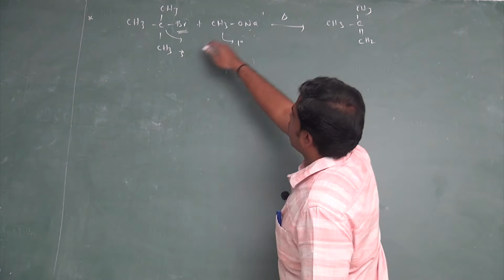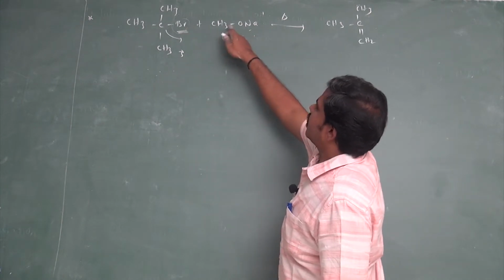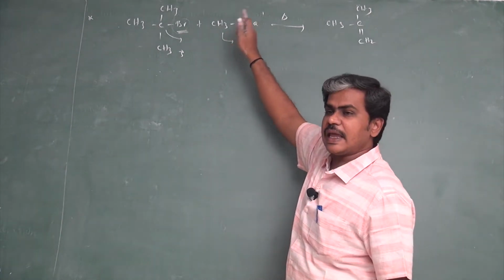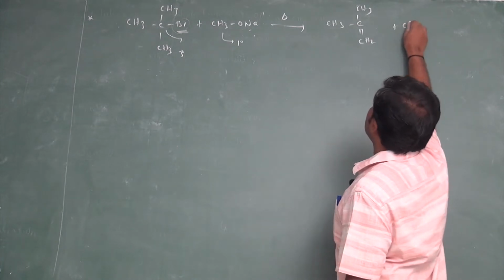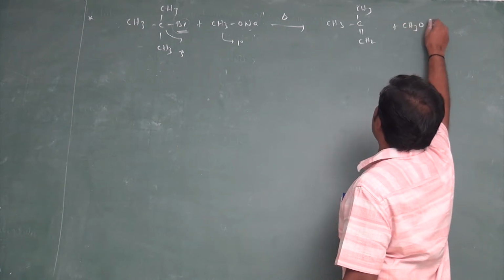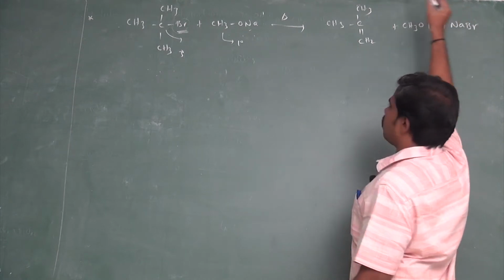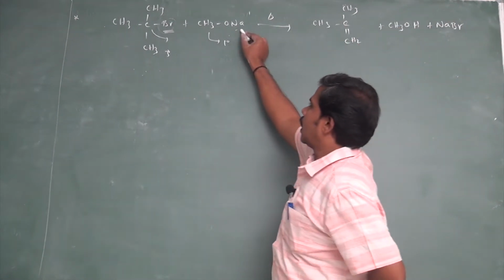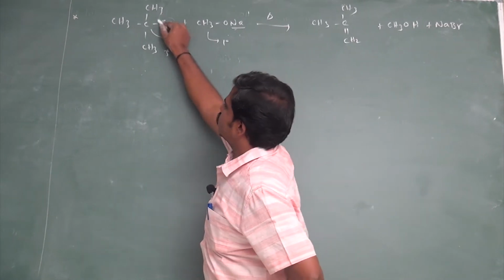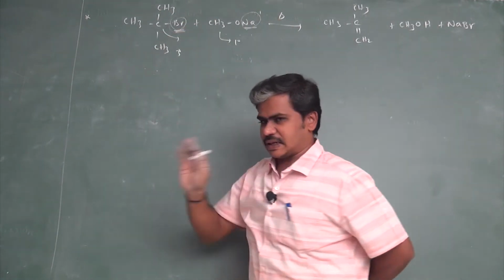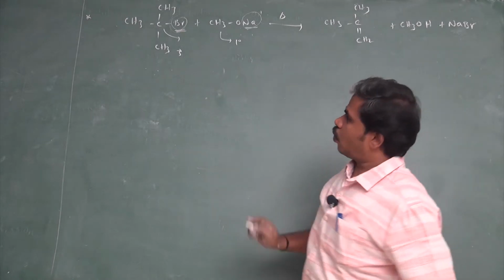And the next one, here the hydrogen and CH3ONa are reacted and form CH3OH plus NaBr. Listen, here Na and Br, so NaBr is removed as it is. And after that, what will happen?